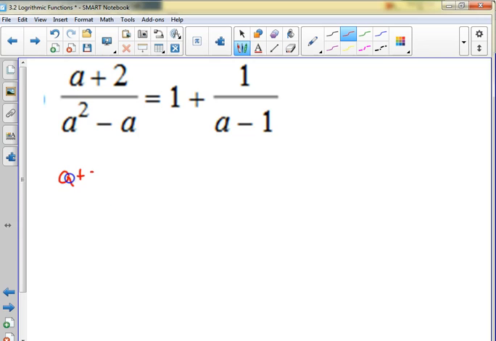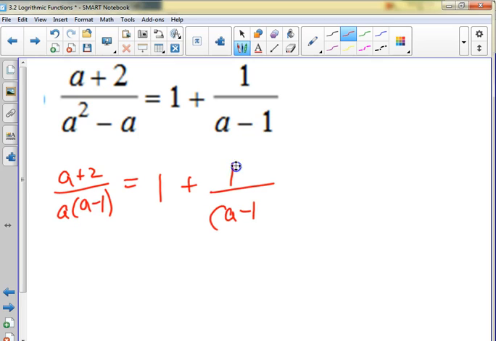This is a plus 2 over a times a minus 1. Oh, really? We're doing this jumpy thing again. Does anybody remember how I ever fixed that? I feel like I had to close it, but common denominator, a times a minus 1.